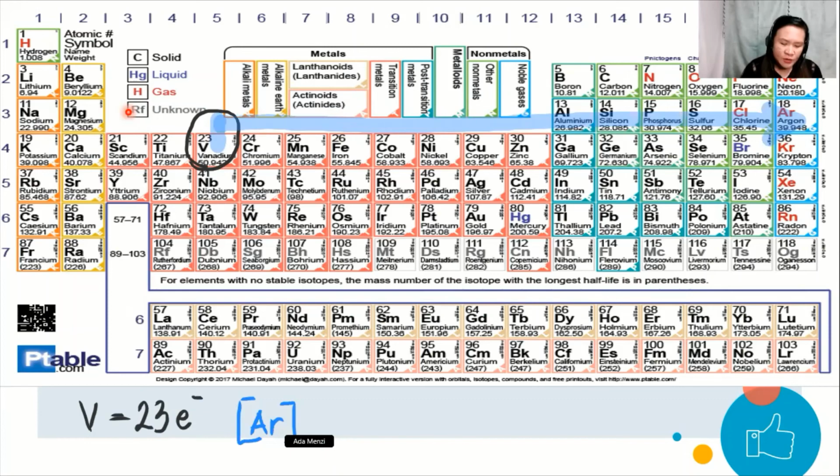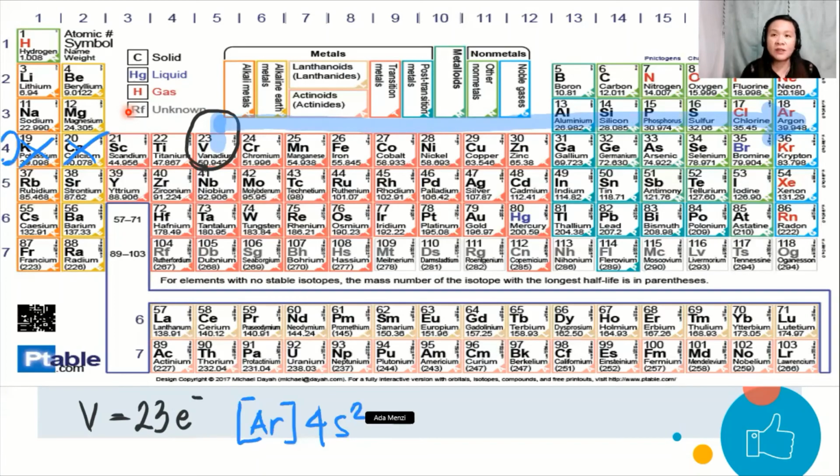Next, we will be counting how many electrons per level. Vanadium is in the fourth energy level, so we start with S. This is S, that's 1 and 2. So we write 4, the energy level where vanadium is found, and for S, it has 2 electrons.